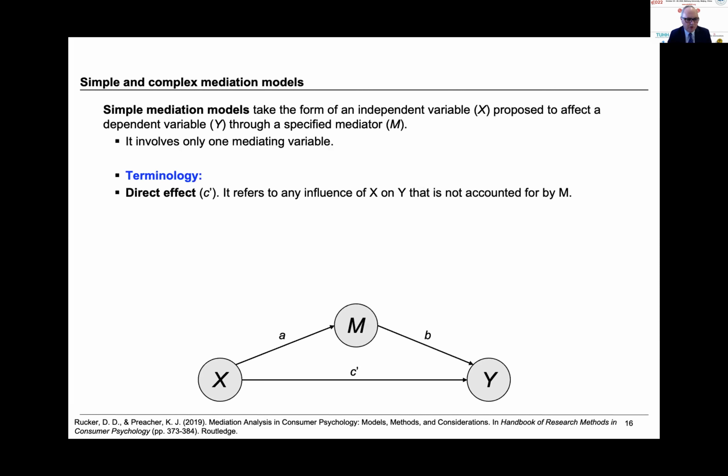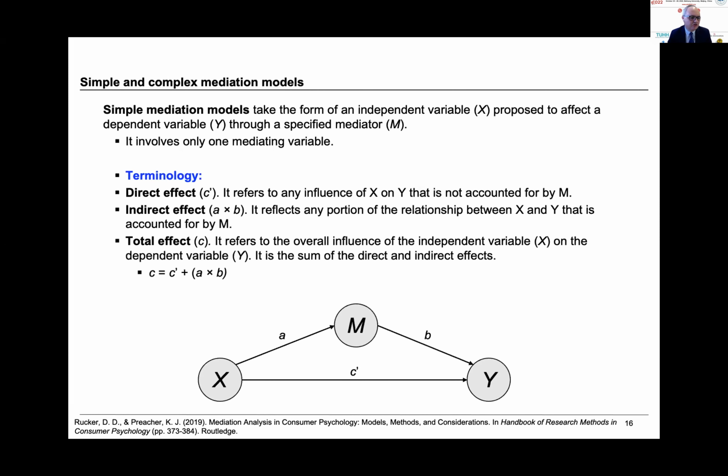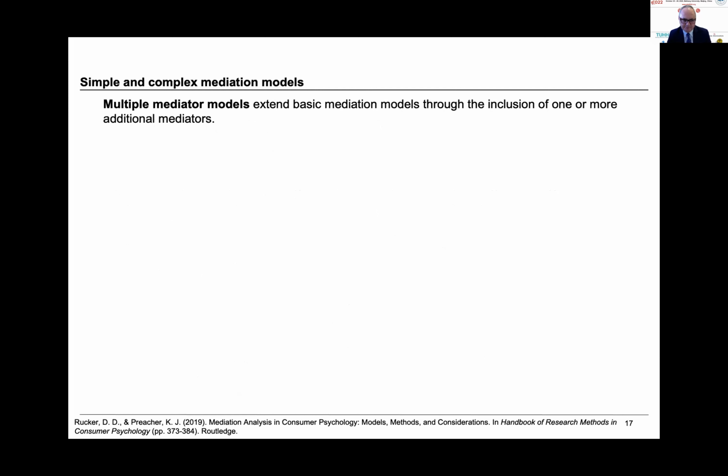Direct effect, C prime, refers to any influence of X on Y that is not accounted for by M. Indirect effect, A times B, reflects any portion of the relationship between X and Y that is accounted for by M. And finally, total effect, C, refers to the overall influence of the independent variable X on the dependent variable, and is the sum of the direct and the indirect effects.